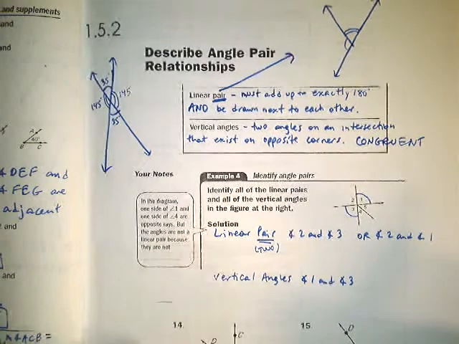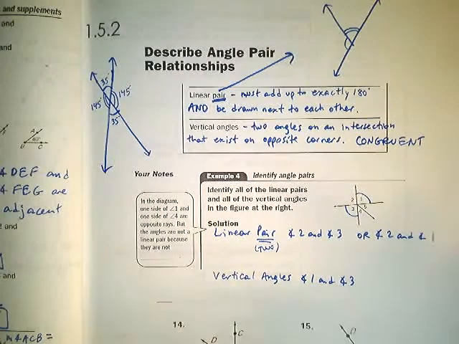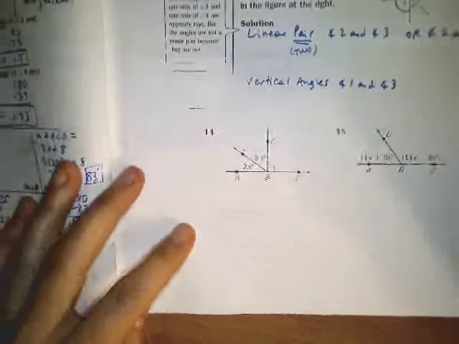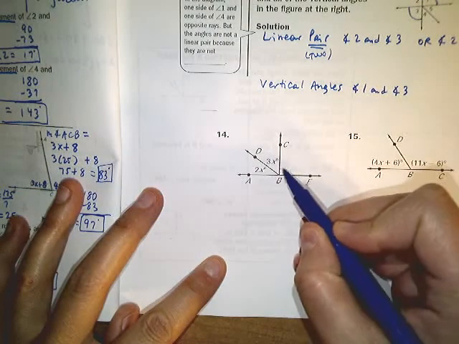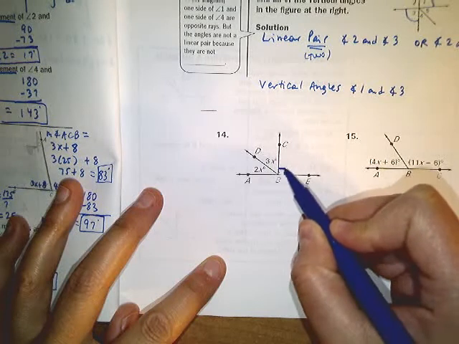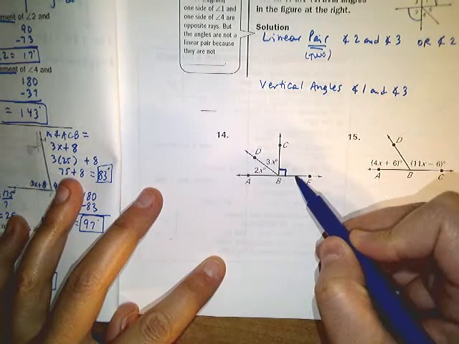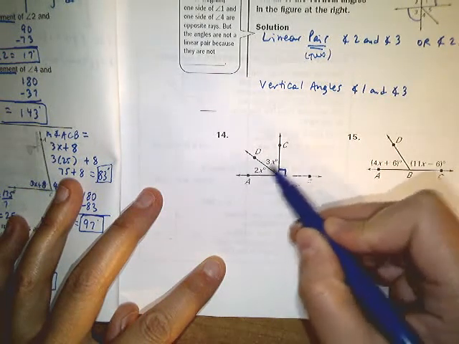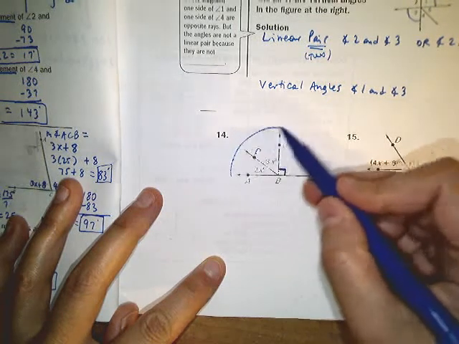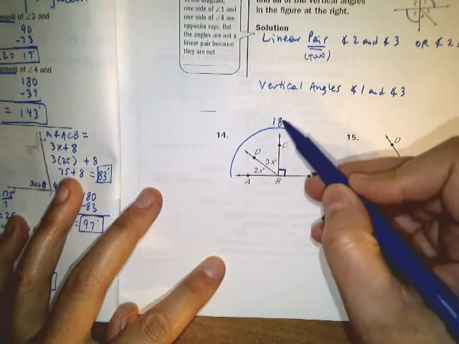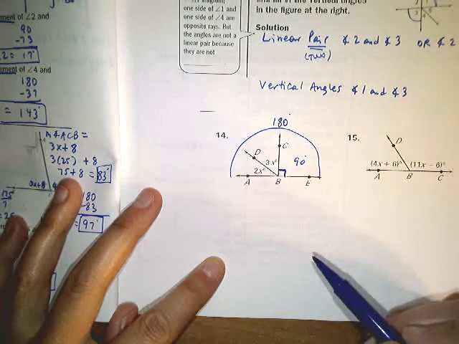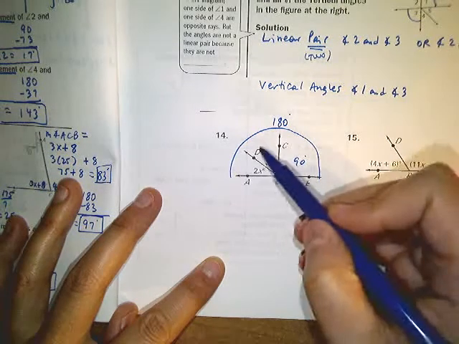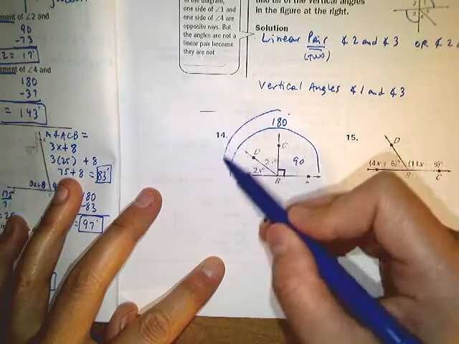So let's do some examples using algebra to apply these concepts. Alright, so number 14. It seems to me like if this is 90 degrees here, and this forms one big straight line from this side to that side, if the whole thing is 180 degrees, and this side is 90 over here, wouldn't this side have to be 90 from here to here?